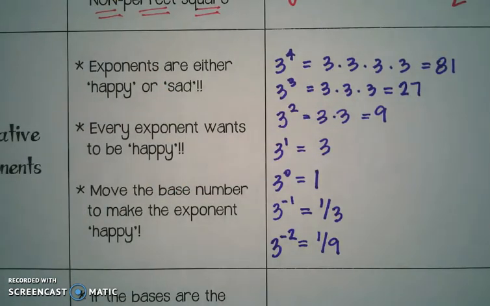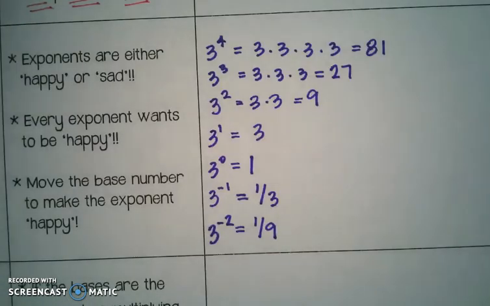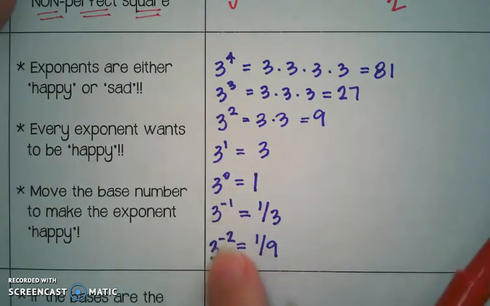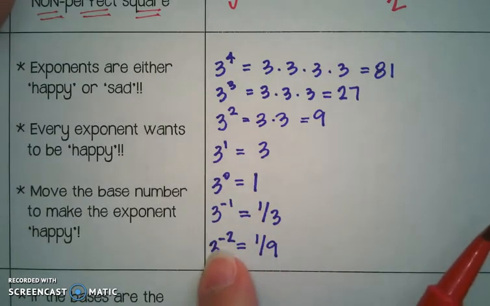So basically what this led into was, as usual, me being goofy and saying that everybody wants to be happy. And we determine whether something is happy or not based on its exponent. Not based on the base number, but on the exponent.